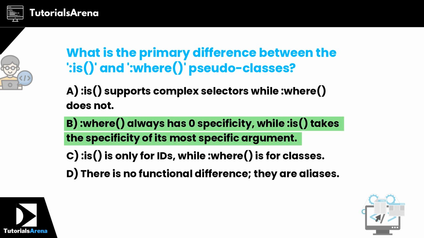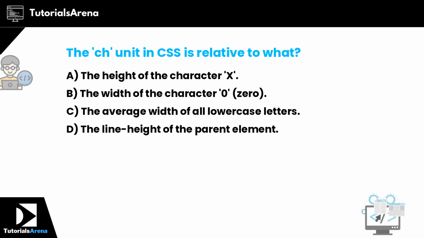The correct answer is option B, :where always has zero specificity, while :is takes the specificity of its most specific argument. The ch unit in CSS is relative to what? The correct answer is option B, the width of the character 0.